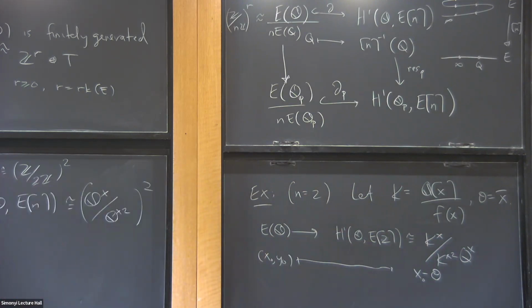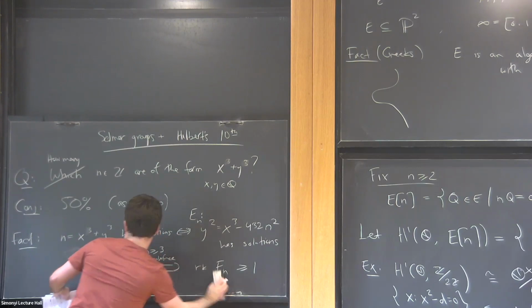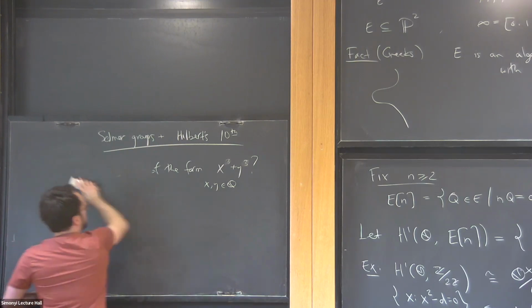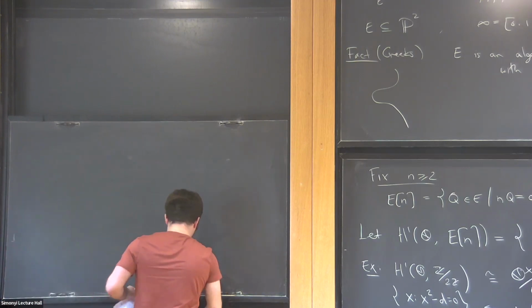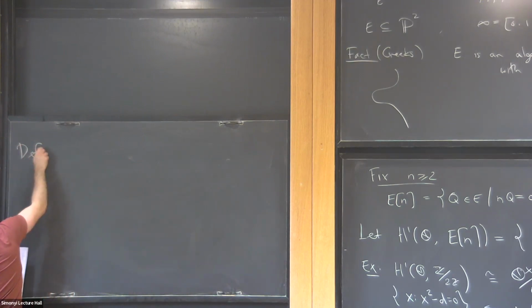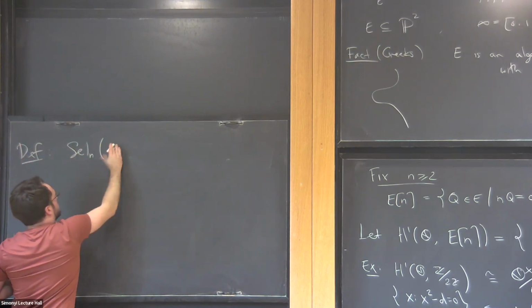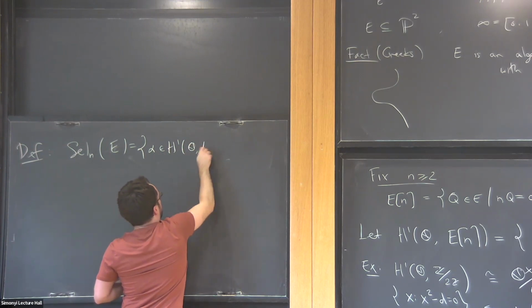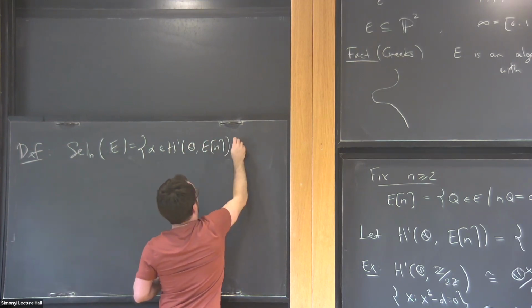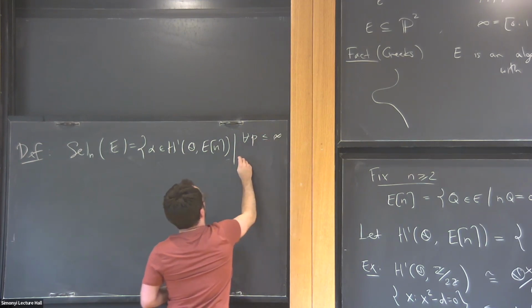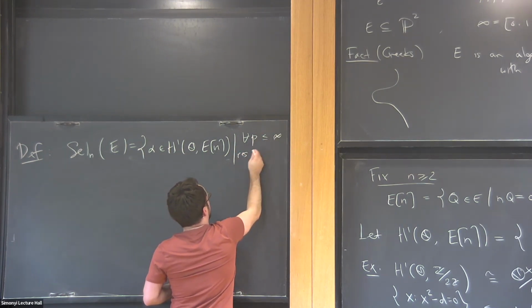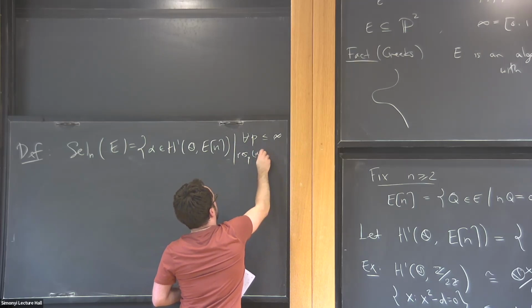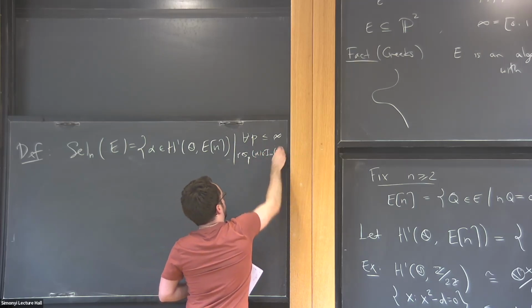I'll still write it. So the definition is, this is those E[n] torsors such that for all p, including infinity, when I think of it just as an E[n] torsor over Qp, it's in the image of del p.